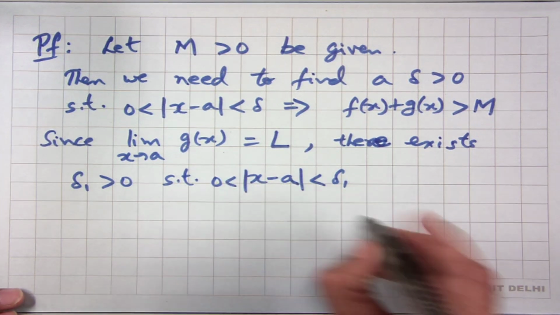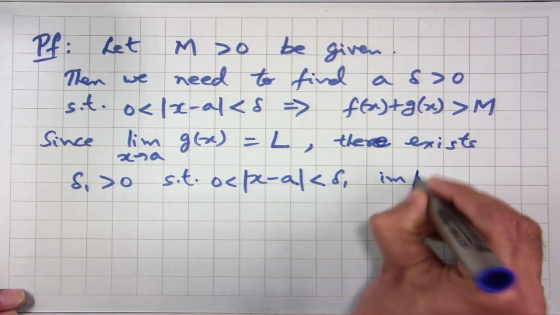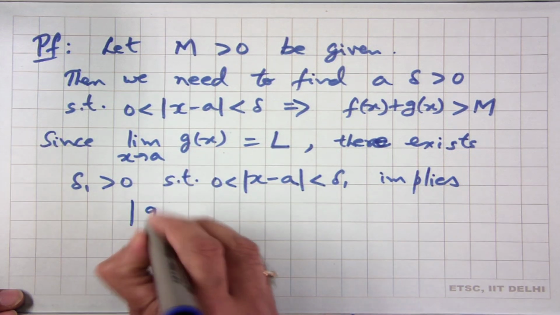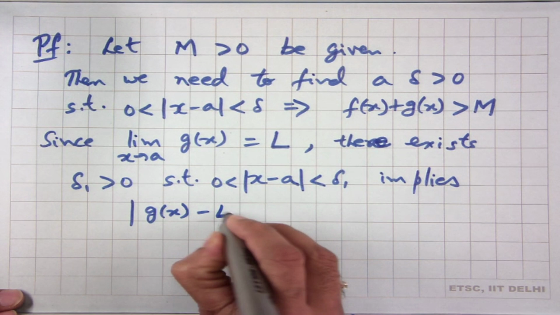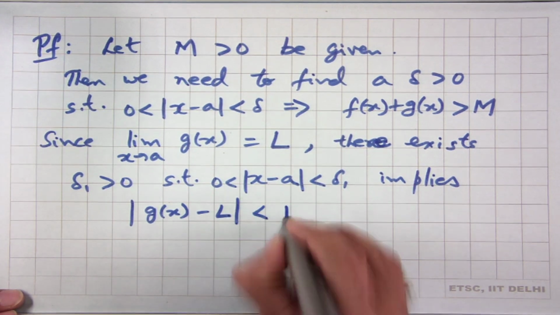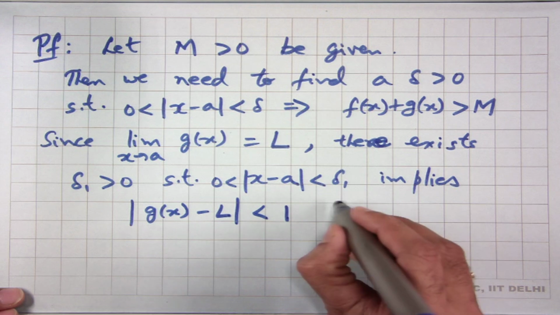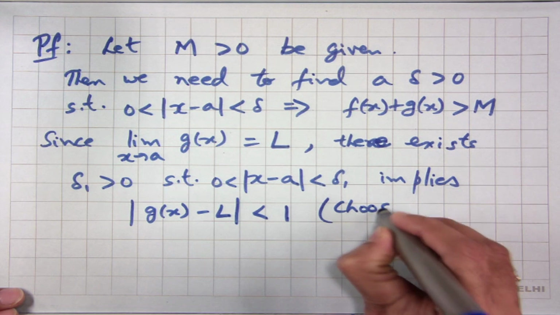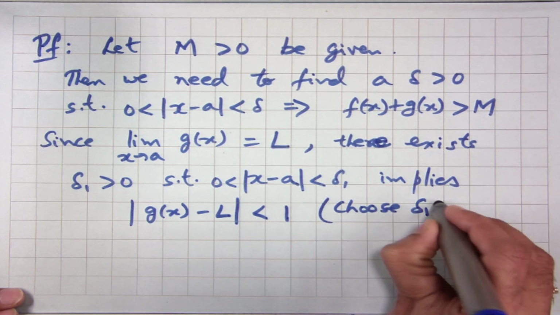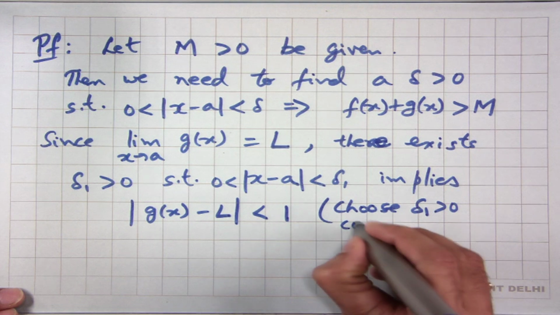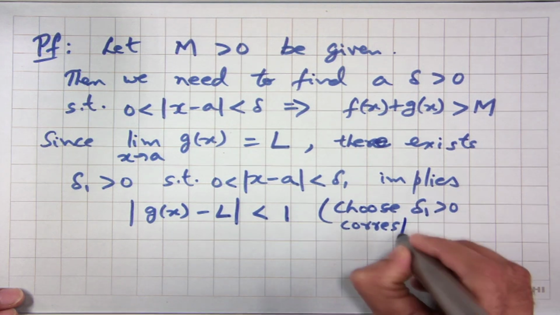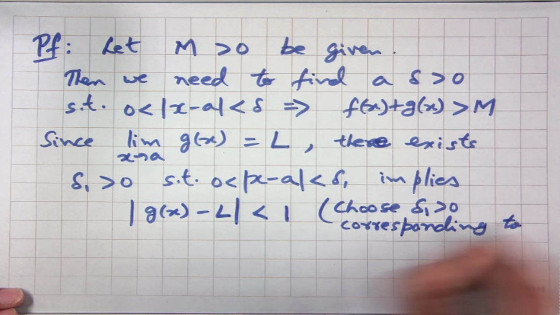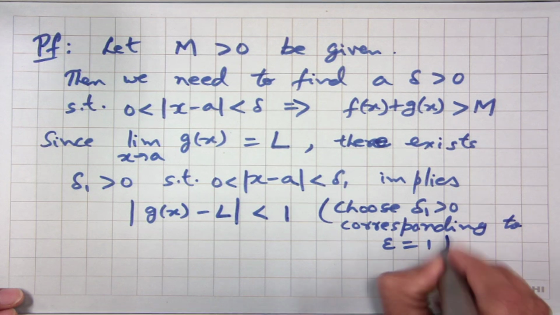This implies that mod of g of x minus L is less than 1. Note that what we are doing here is choosing delta 1 positive corresponding to epsilon equal to 1.